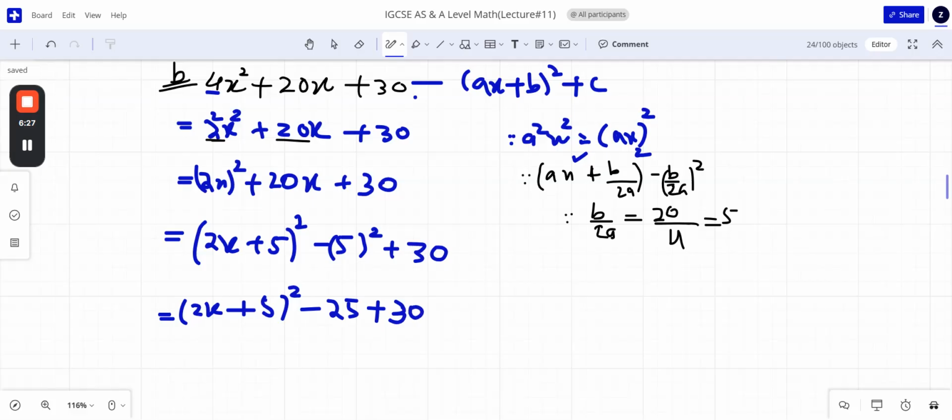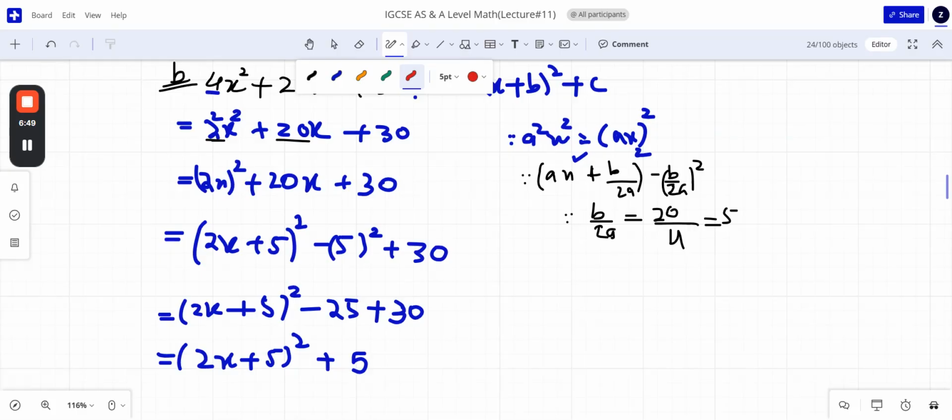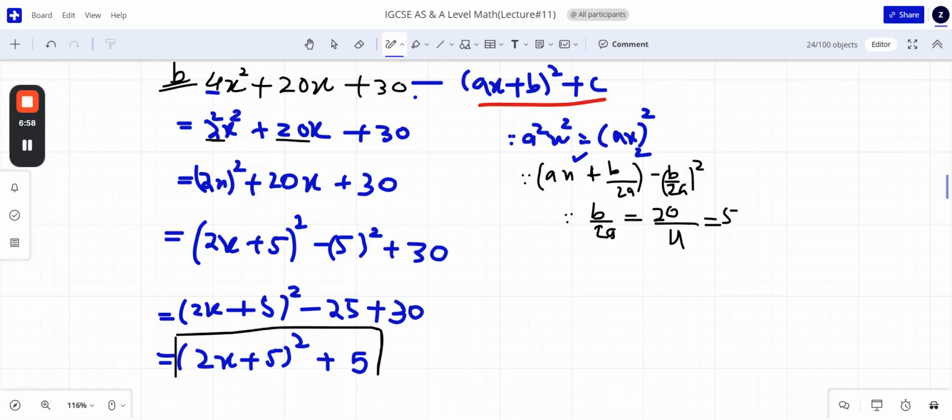So now the first one we got a completing square, we will write the same, (2x + 5)². Now −25 + 30 would be equal to plus 5. Now we got our required form, (ax + b)² + c. So a value is 2, b is 5, and c is also 5.